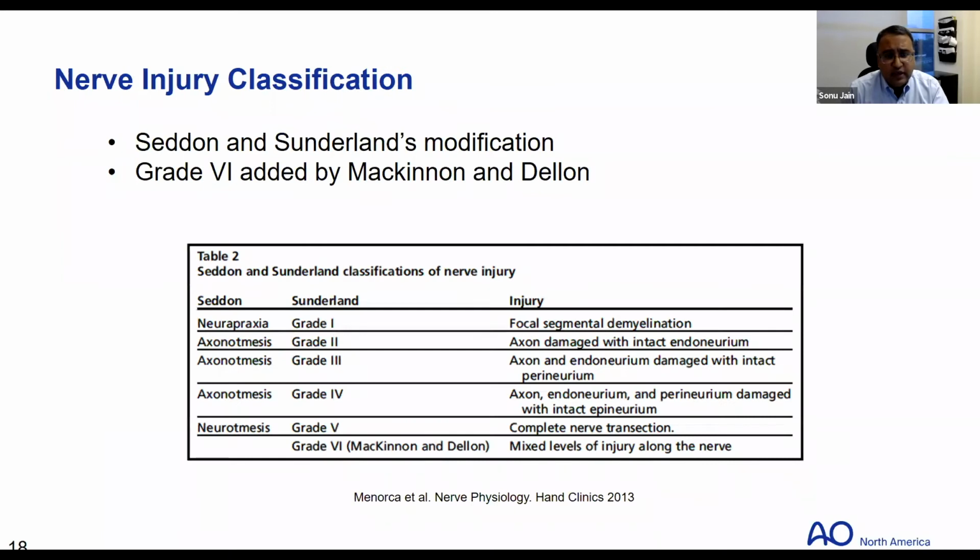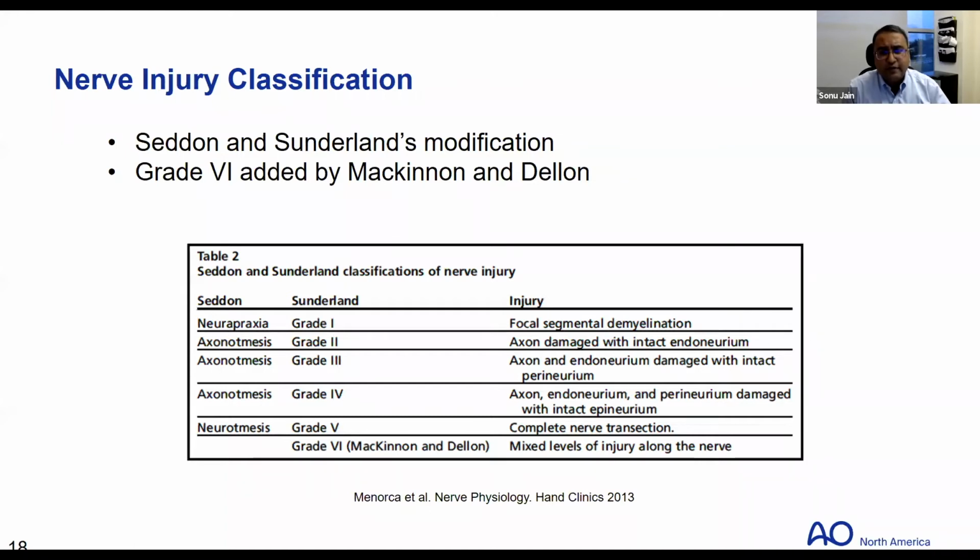So this is a classic nerve injury classification table, initially by Seddon and then by Sunderland, and then we have the grade 4 by Dr. McKinnon and Dellon, which lists the different grades of nerve injury. And what you want to take away from this is that your grade 1 is your neuropraxia, your grades 2 through 4 are your axonotmesis, and your neurotmesis, which is a complete nerve transection, is your grade 5.